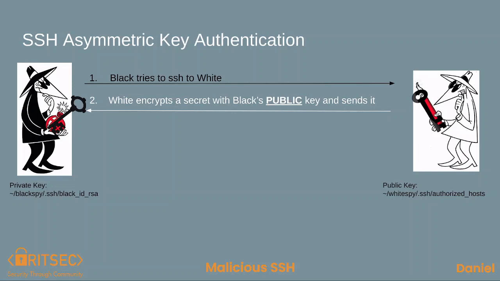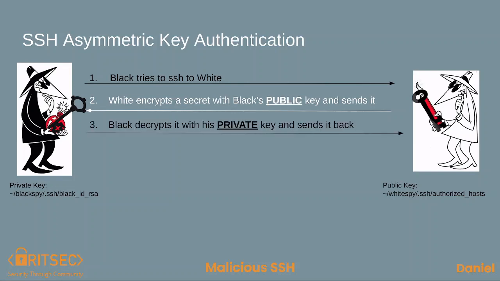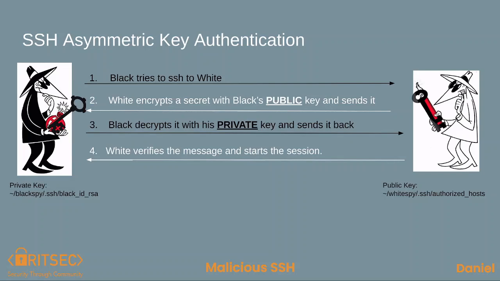So Black Spy gets that, and then he uses his private key to decrypt that secret message. He sends it back. White Spy will get that message and verify that it is what he originally encrypted using the public key. If it's the right thing, he sends it back and we start the session.